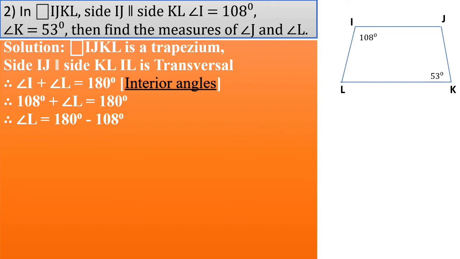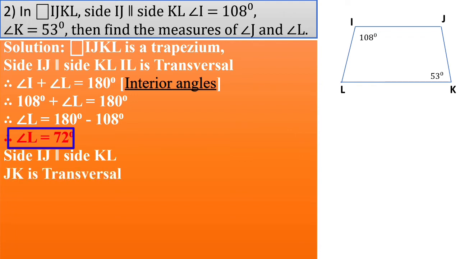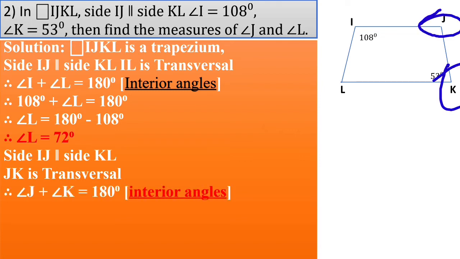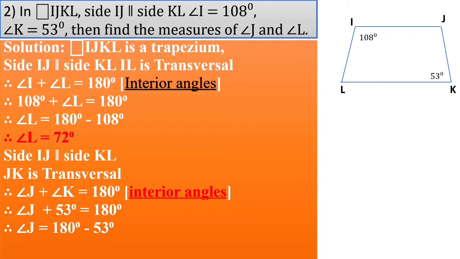Therefore the measure of angle L equals how much? 72 degree. Now side IJ is parallel to side KL and JK is a transversal. Now angle J plus angle K equals 180 degree. They form interior angles. Substitute the value of angle K, 53 degree. Therefore angle J equals 180 degree minus 53 degree. We get how much? 127 degree.